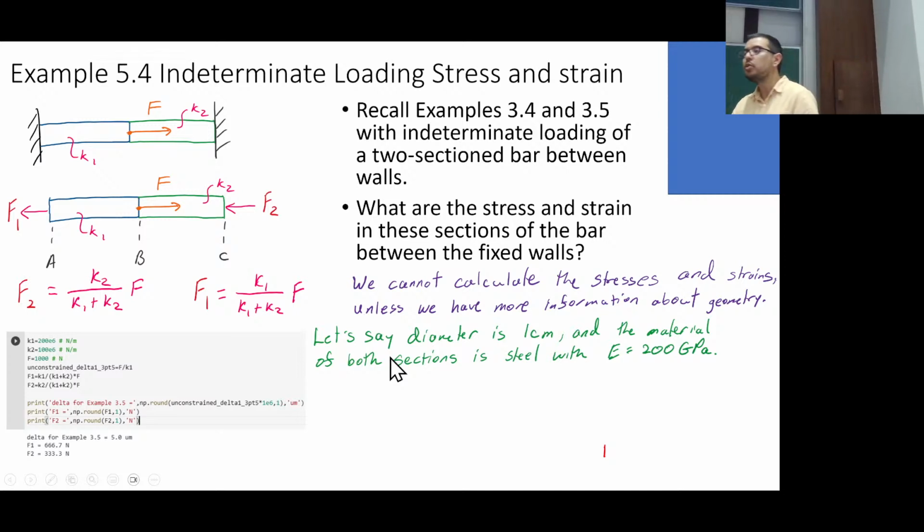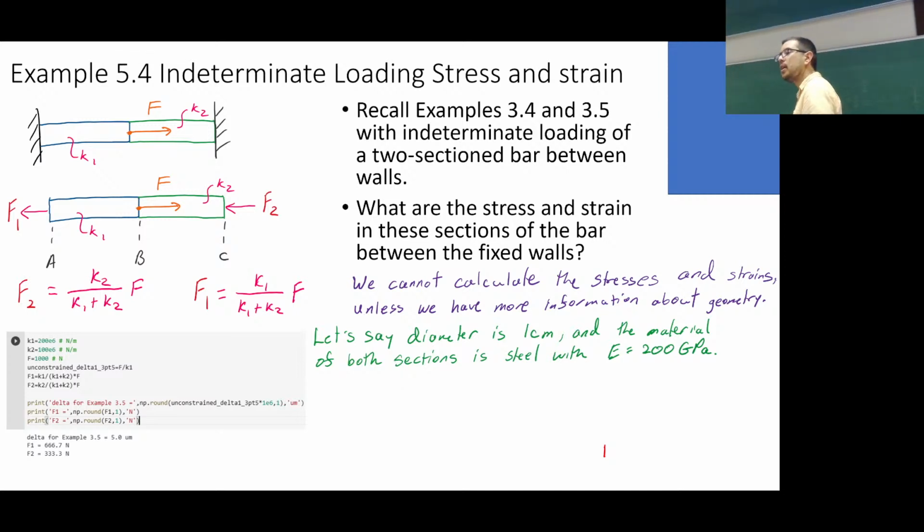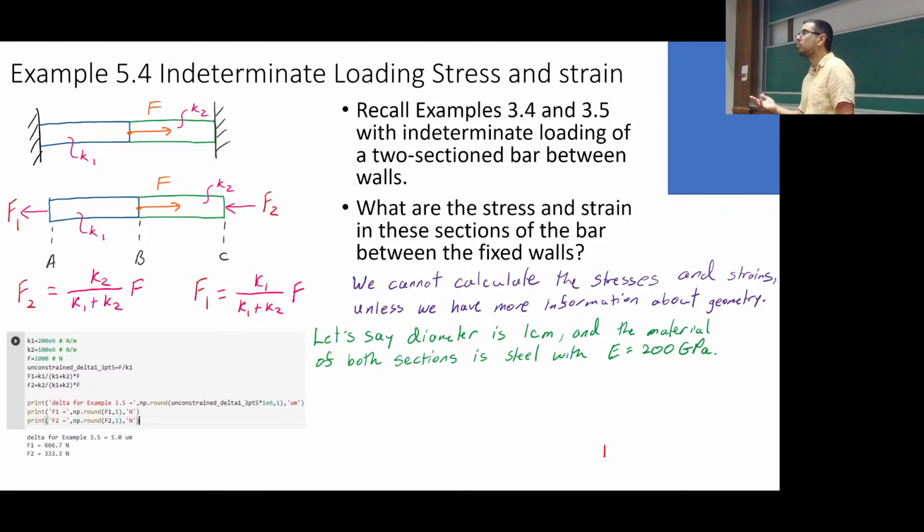You tell me. If I want stress, what do I do? Let's say I want stress in the right region. What's the axial stress in the right side of this thing?